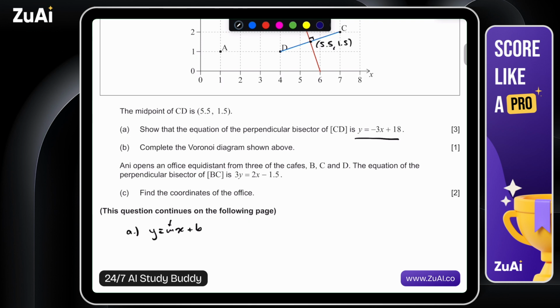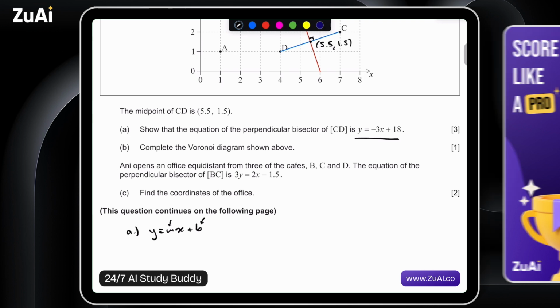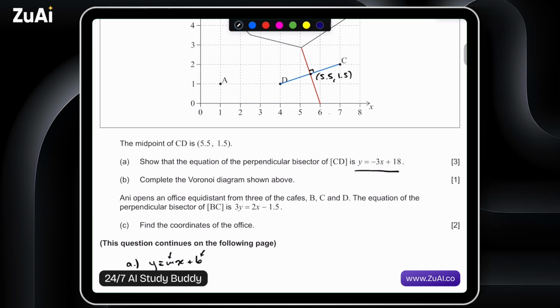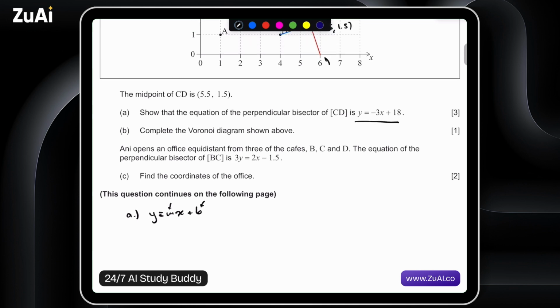Let's find the slope and the y-intercept. Given that we have this perpendicular bisector right here, we know it's perpendicular to this line CD, so let's find the slope of this line CD. So let's say m of CD, just to say the slope of CD. The slope equation is given to us in the formula booklet. I'm going to write it out here.